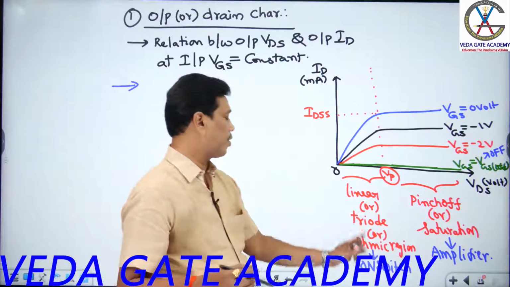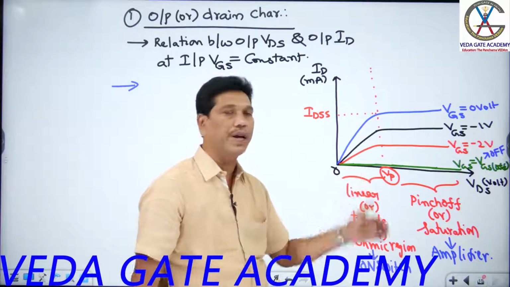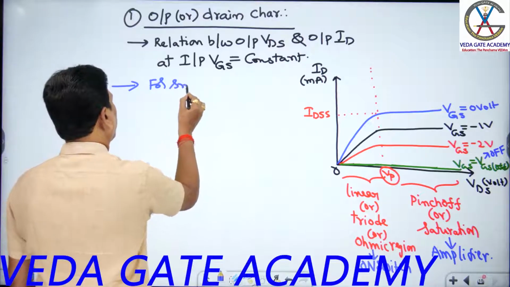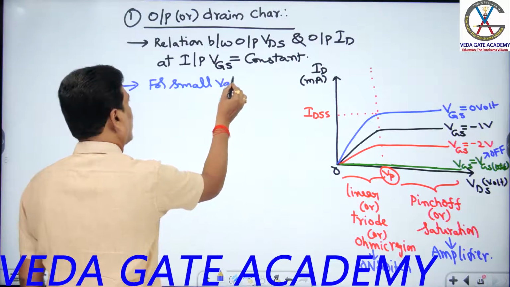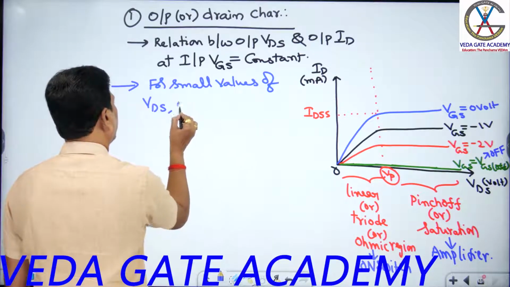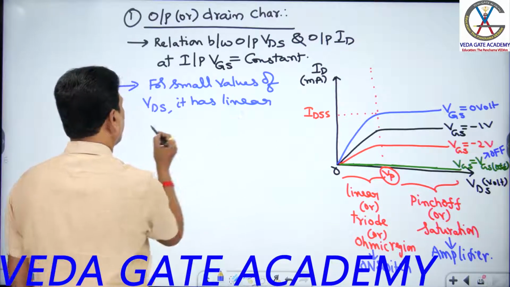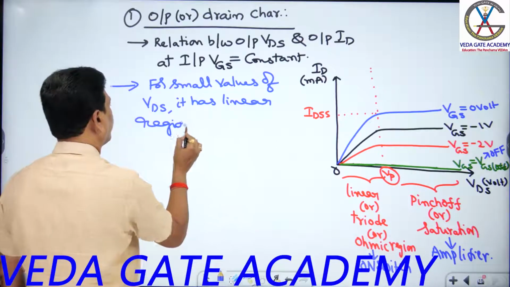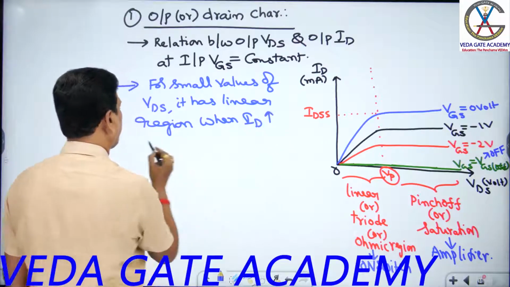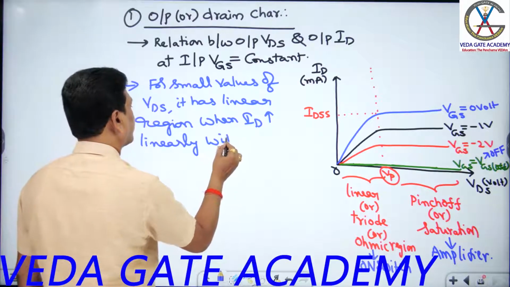So the linear region is possible for small values of drain voltage, close to 0 values of VDS, right? For small values of VDS, it is the linear region, students, where ID increases linearly with VDS.